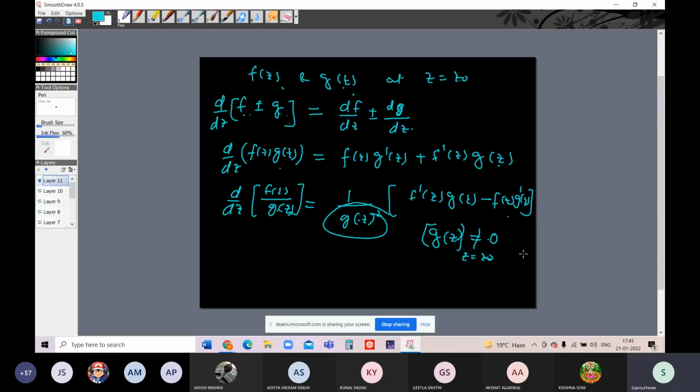Okay, so one example of a function that is continuous but not differentiable at a point.